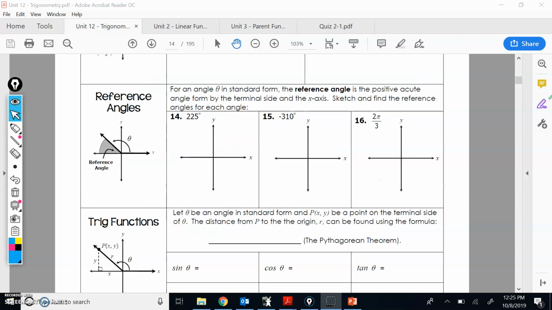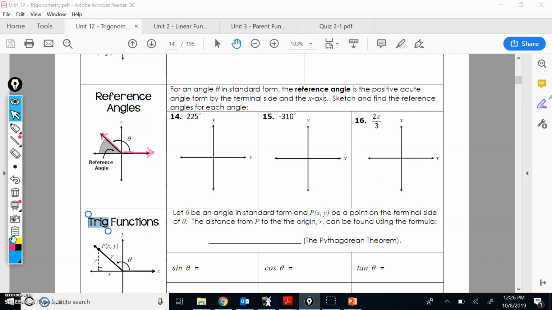Reference angles is when we take any angle, and for example, this angle here starts on the x-axis and goes into quadrant 2. Reference angles are the same angle, but we're making it in the first quadrant. So all of our answers for reference angles are going to be between 0 and 90.